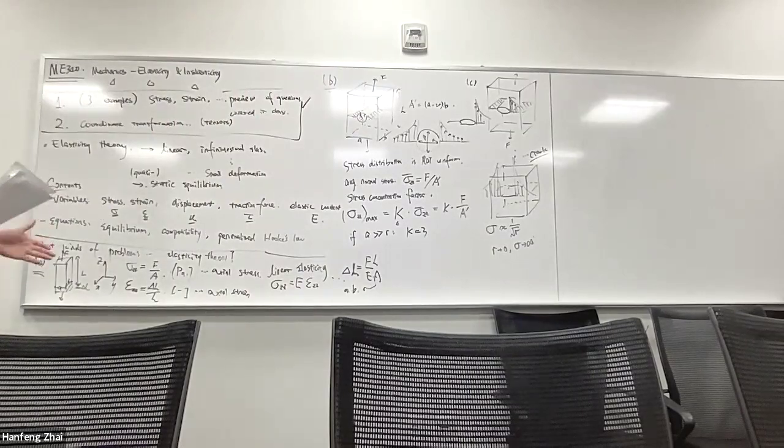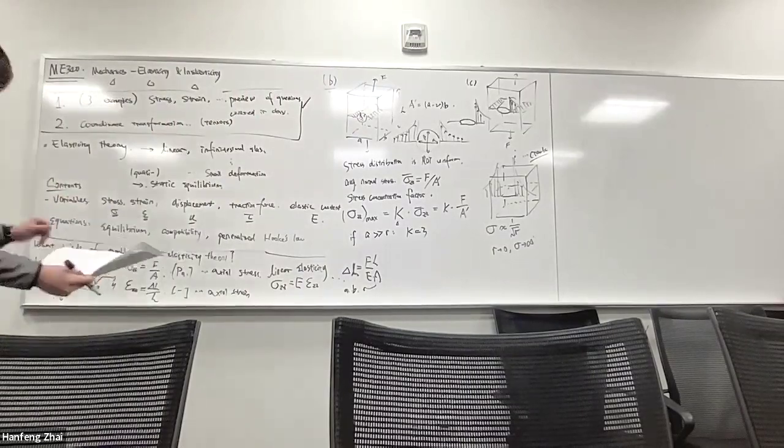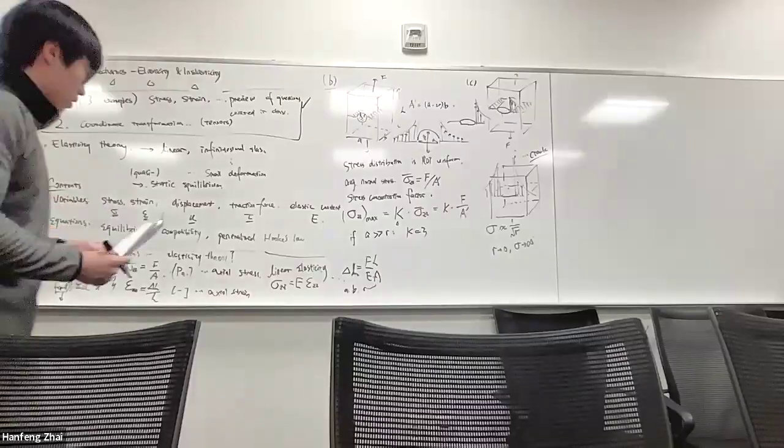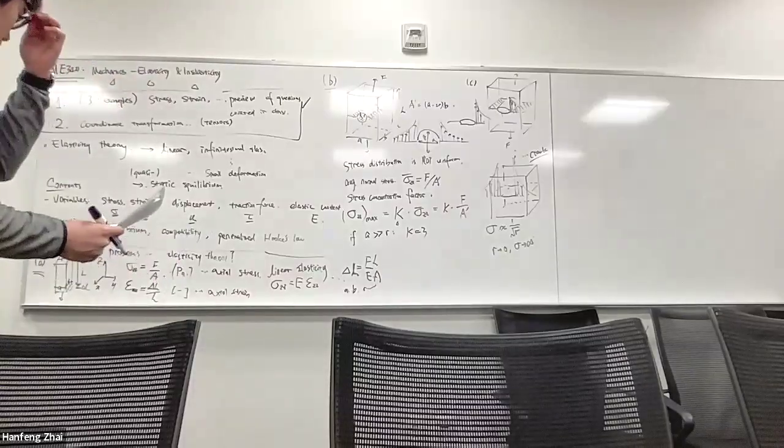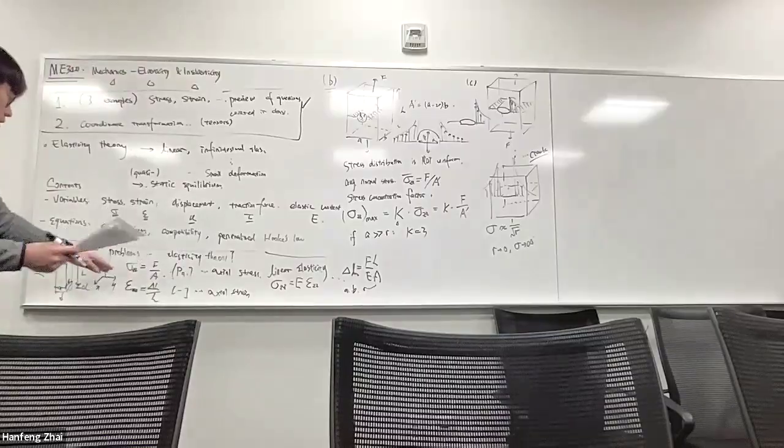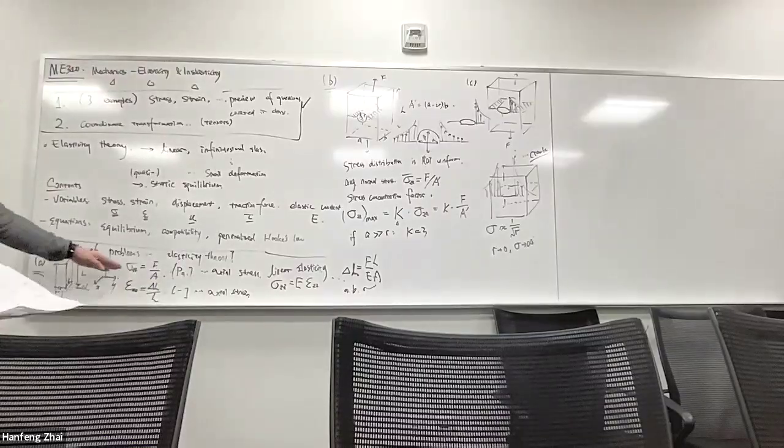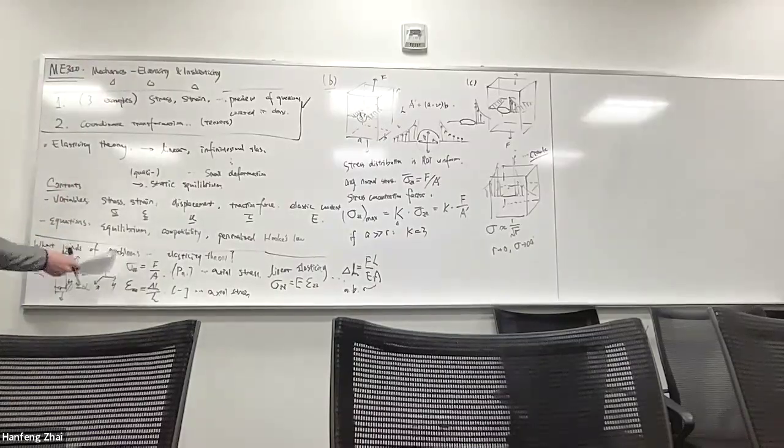As we have introduced, we define axial stress and strain. And we use the notation sigma zz, which later you will understand why, because it represents the stress on the z surface or z cross section, pointing to the z direction, and there will be many stress components according to this index notation.